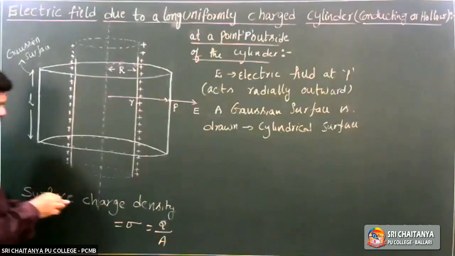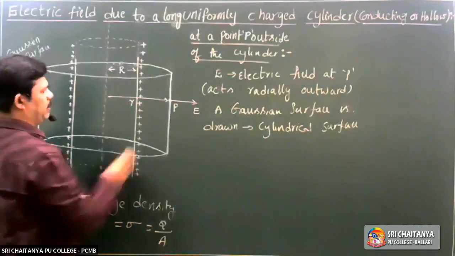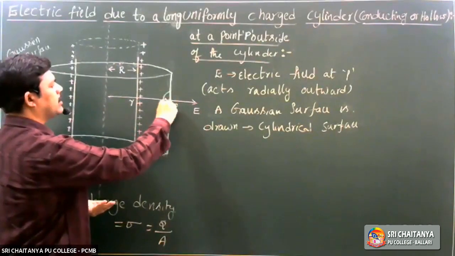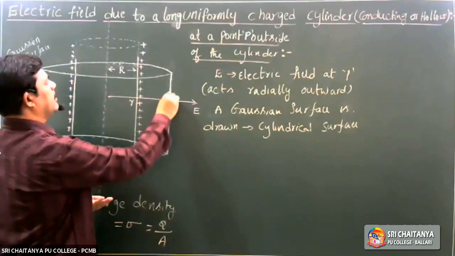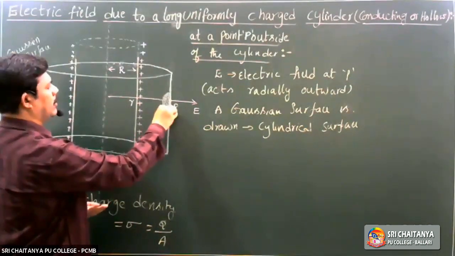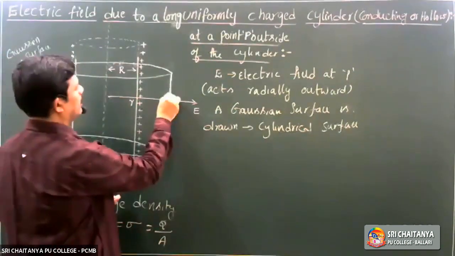Then consider a small elemental area. Third step: a small elemental area here, dS. What is the area vector?